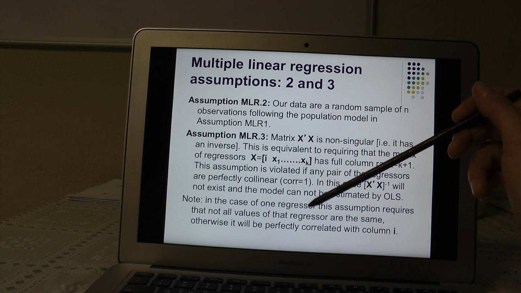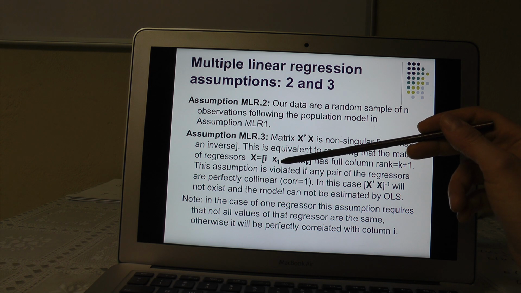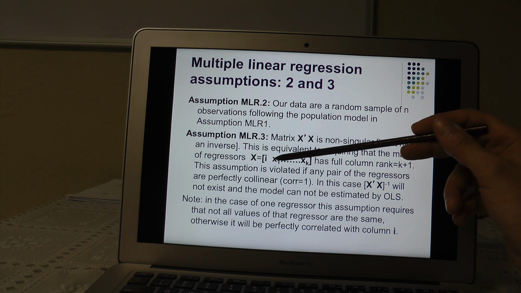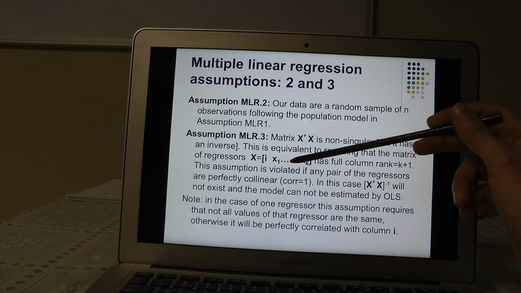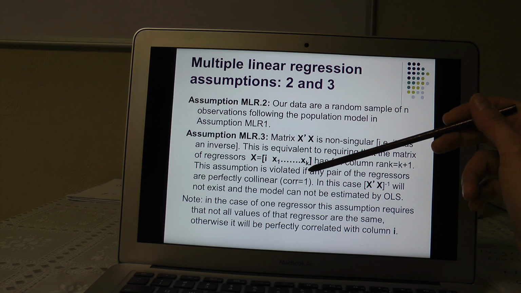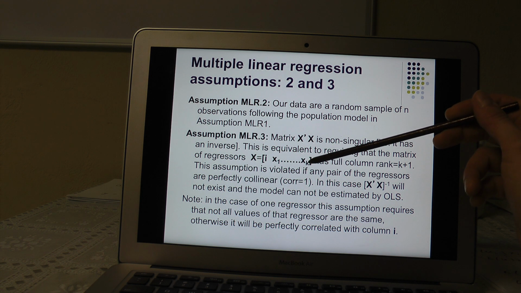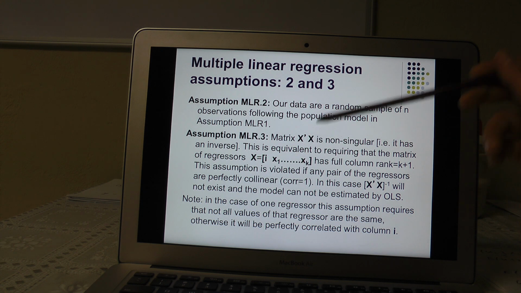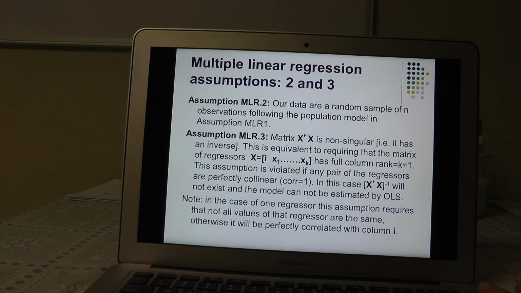Another example, if you have 2 variables, x1 would be expenditure on food, and another variable is expenditure on non-food. You cannot put another variable that is total expenditure, because that would be the sum of the other 2. That would be a collinearity issue, and you cannot invert X prime X in that case. So that makes you be careful about what you can use as an x variable in your model and what you cannot.